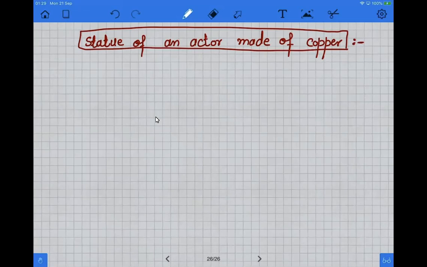And here the weight of the statue is important. How will you calculate that weight theoretically?